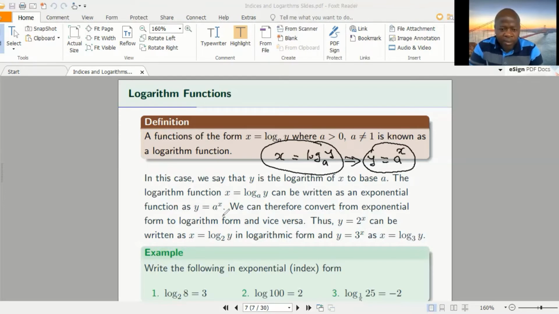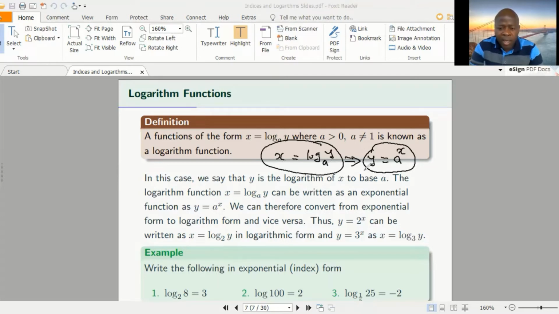I've said that we can write this logarithmic function in exponential form or in index form. You can see what I've done is that x comes where the power was, and y goes to where x was. So that means we can interchange from logarithmic form to index form or exponential form and vice versa.